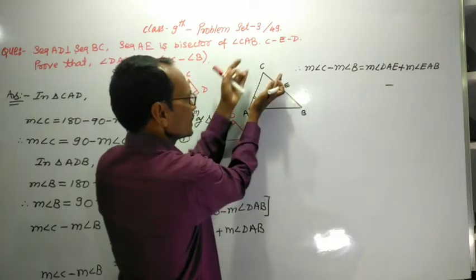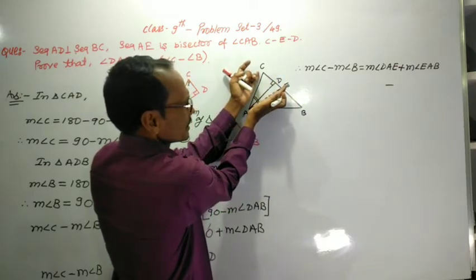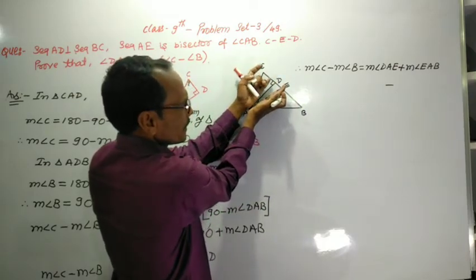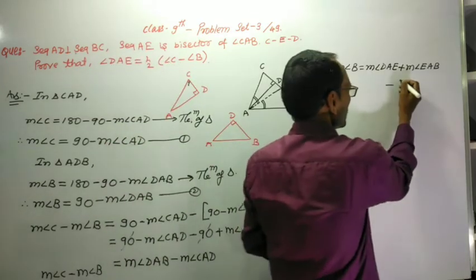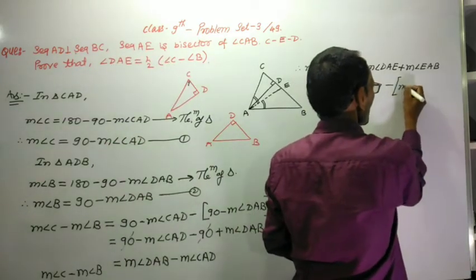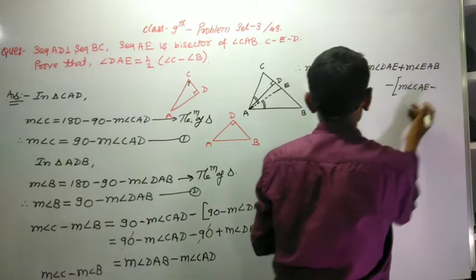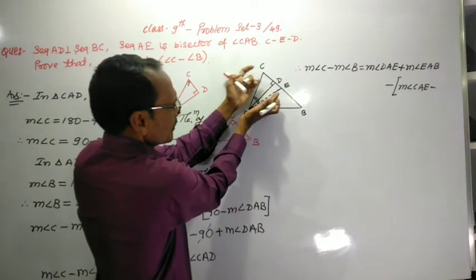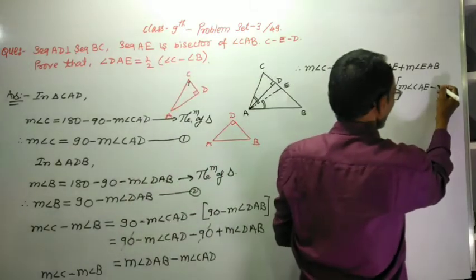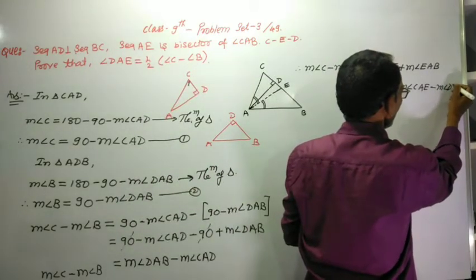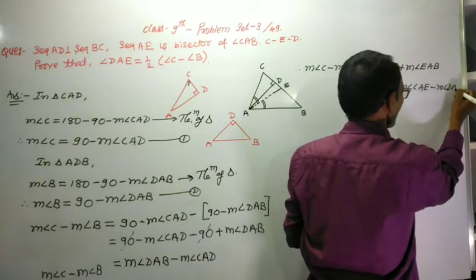CAD can be written as CAE minus DAE, the greater angle minus the smaller, that is measure of angle CAE minus measure of angle DAE.